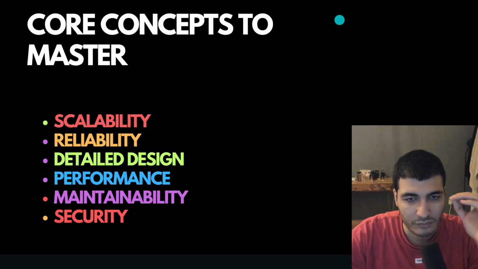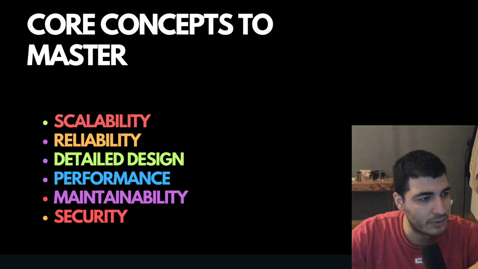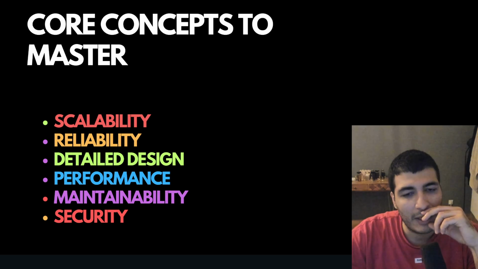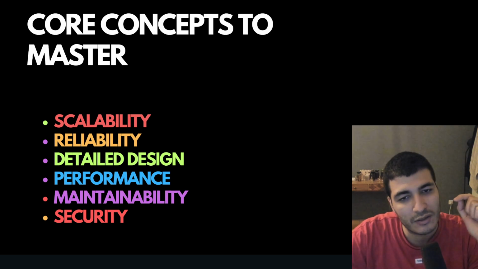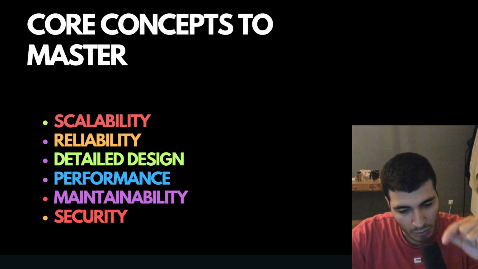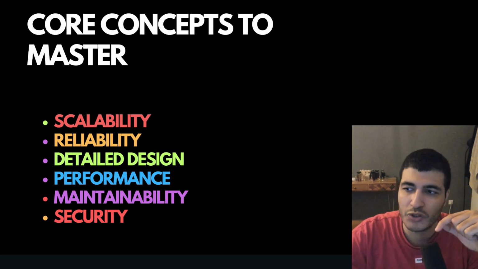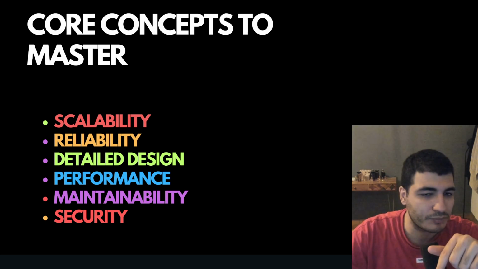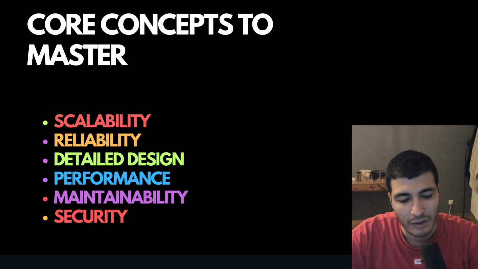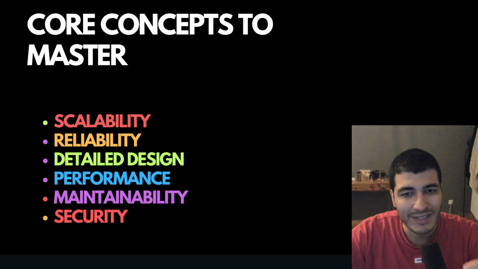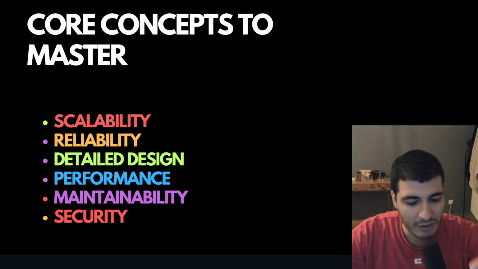Okay, let's talk about some core components to master. I would say you need to know a lot of details about these components in order to succeed in any system design interview. First, scalability. Can it handle 10x more users, for example? Number two, reliability. Will it keep running even if parts of it fail?